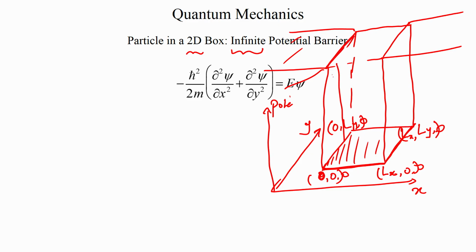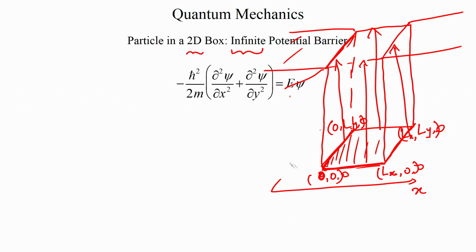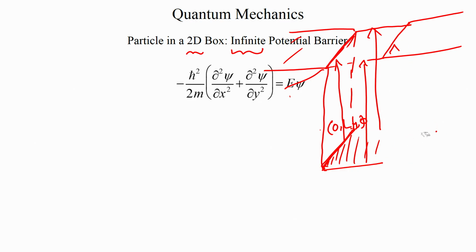These are all infinitely tall walls, and there is this little hollow sitting at 0 potential, with a length Lx in the x direction and a length Ly in the y direction. I probably should have had a nicer drawing, but if you can understand this drawing, you have the situation in place.